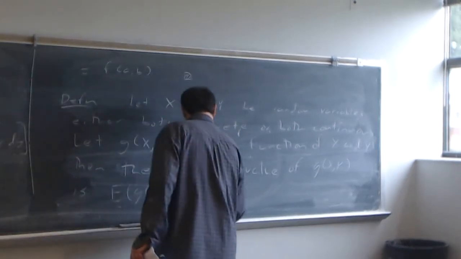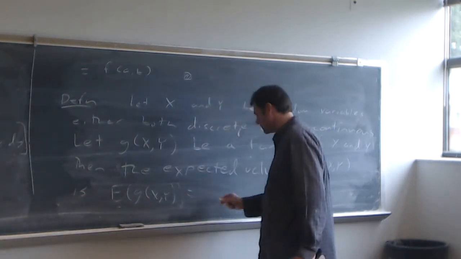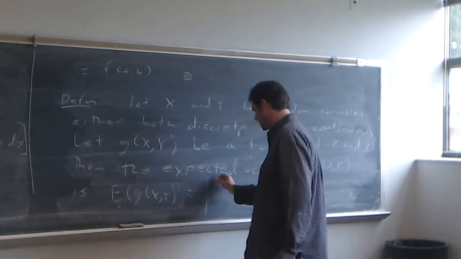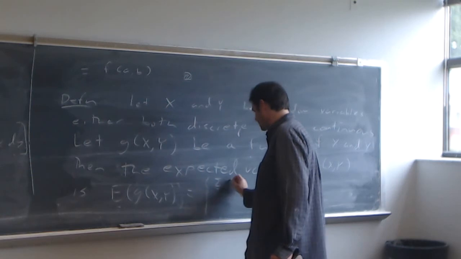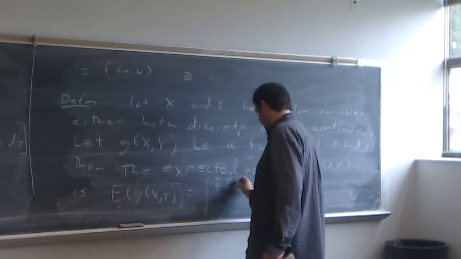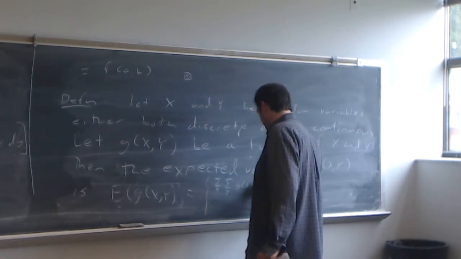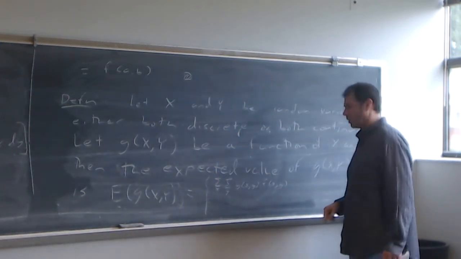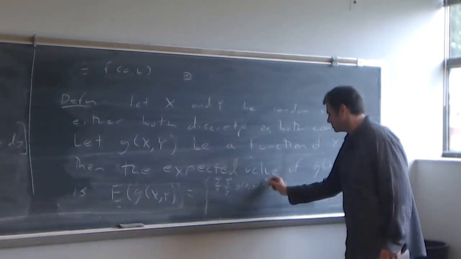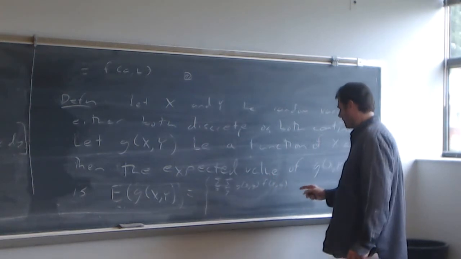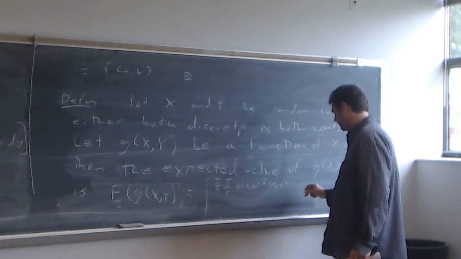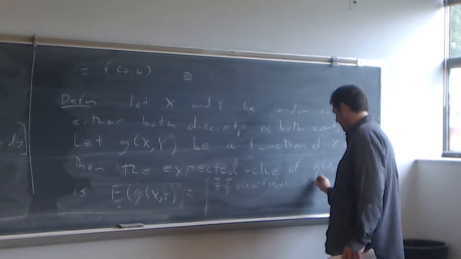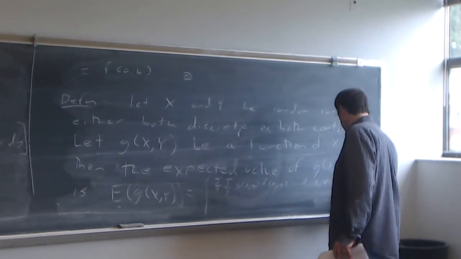so it depends on the scenario here. It's one of two things. It's either the sum over the x's, sum over y of little g(x, y) f(x, y), where f(x, y) is the joint PMF here, and this is if X, Y are discrete.